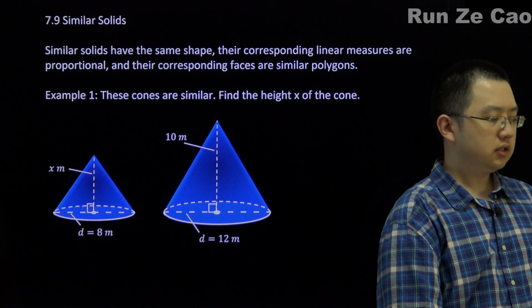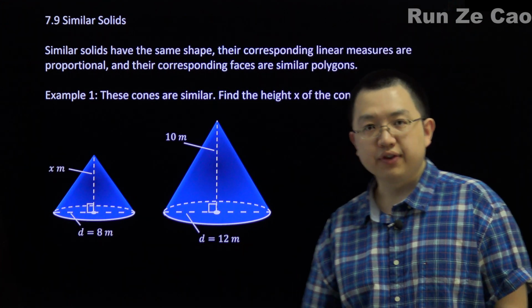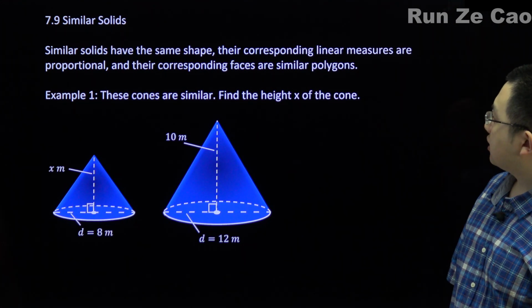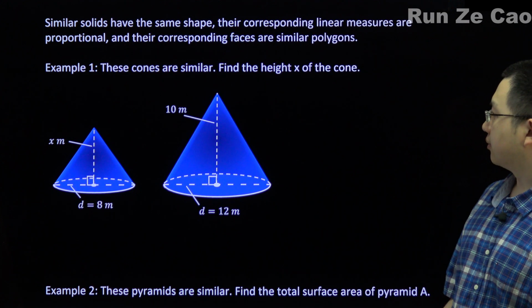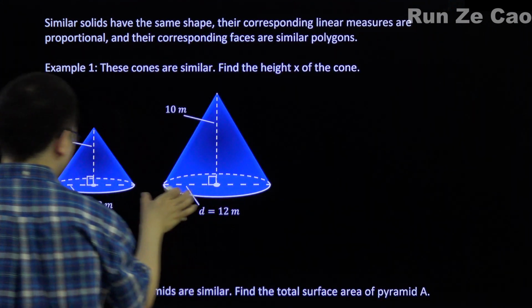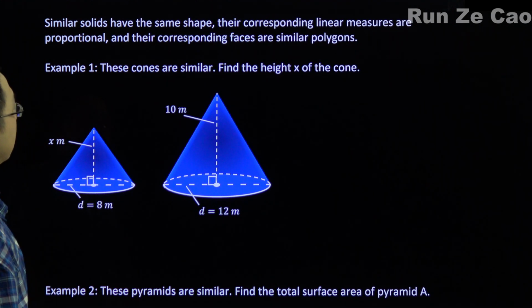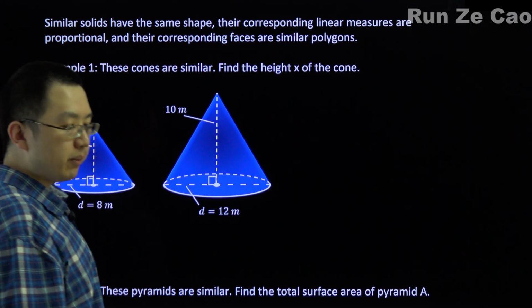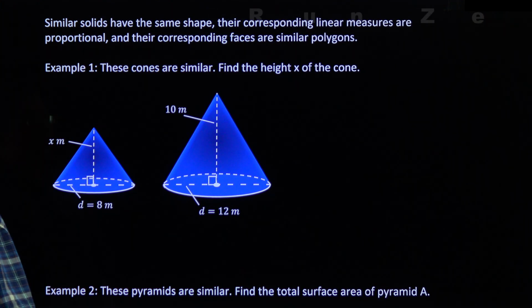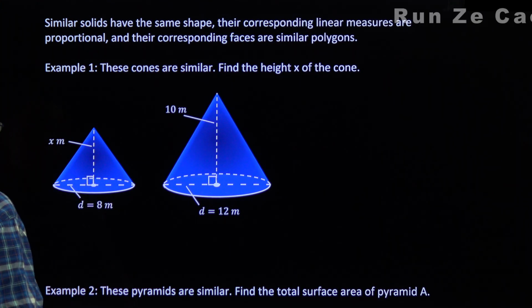Similar solids have the same shape, their corresponding linear measures are proportional. So the ratio is the same, like 10 to x is equal to 12 to 8. And their corresponding faces are similar polygons. These cones are similar. Find the height x of the cone.